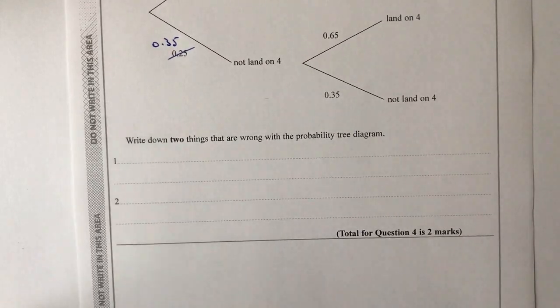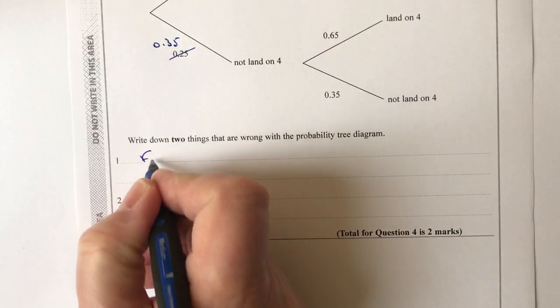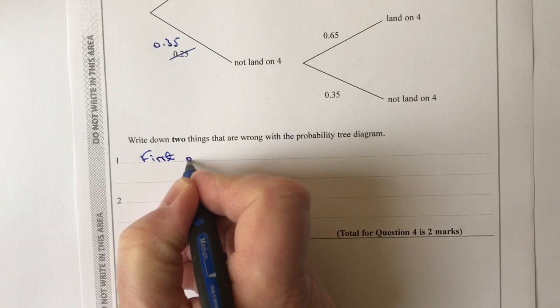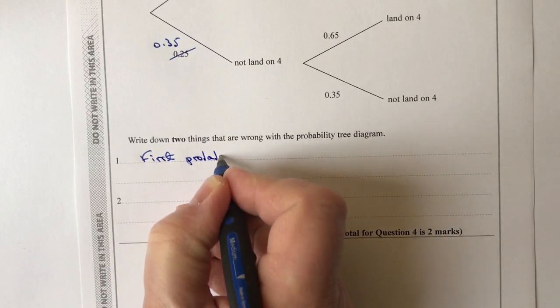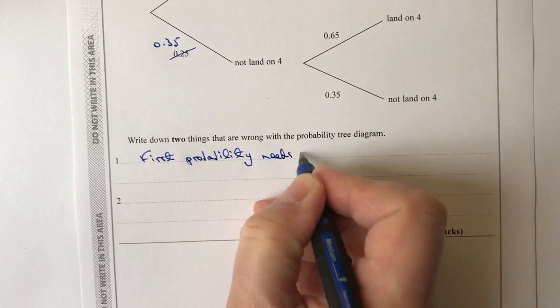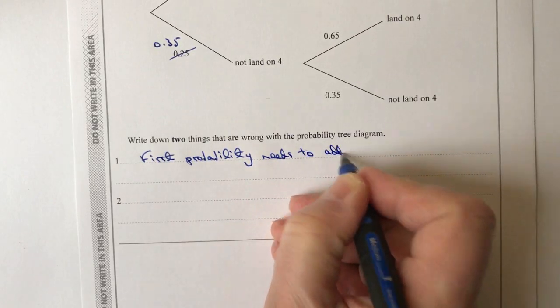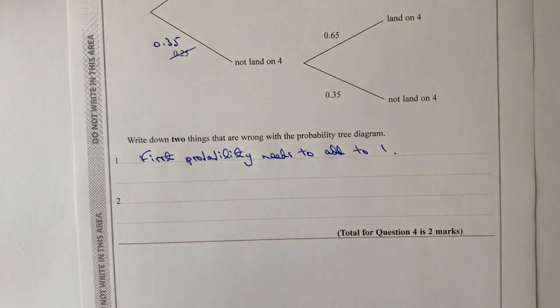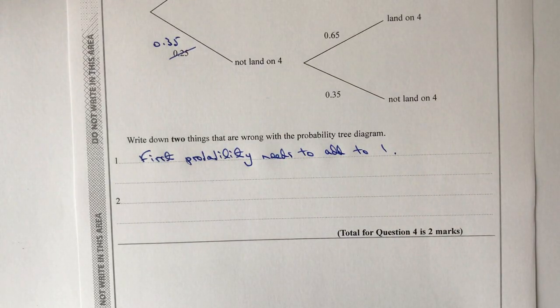The first one is that the first probability needs to add to 1. Okay, and they can clearly see on the diagram that I've changed that 0.25 to 0.35.